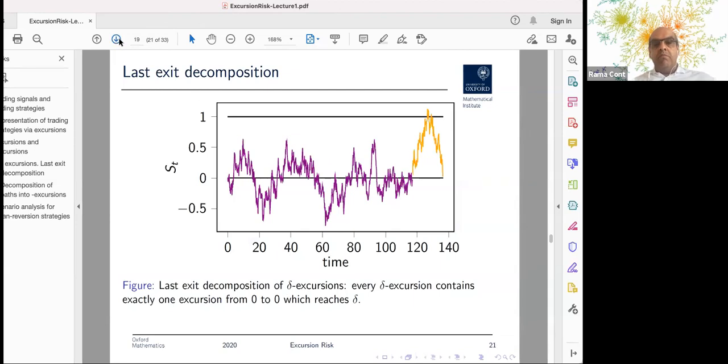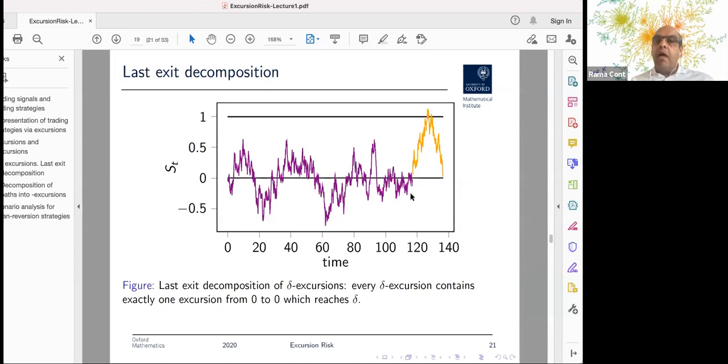And here's a picture before I show you the proof. This entire path is one delta excursion. You start from 0, you oscillate around 0. Delta in this example is 1. As you can see, I hit 0 many times, and maybe if I zoom in, I will see that I hit 0 infinitely many times in the middle.